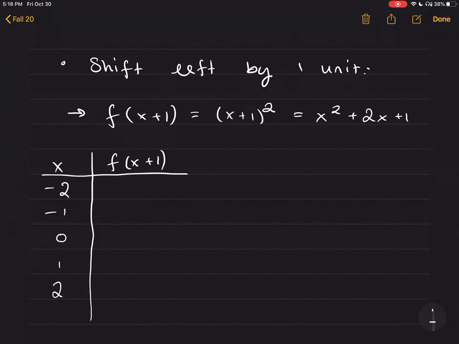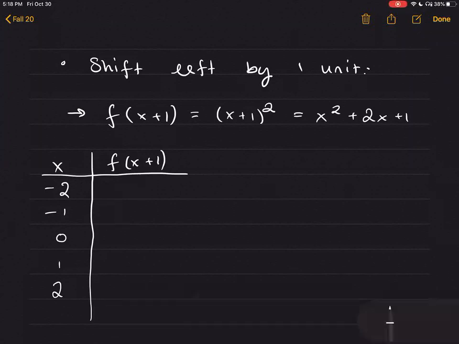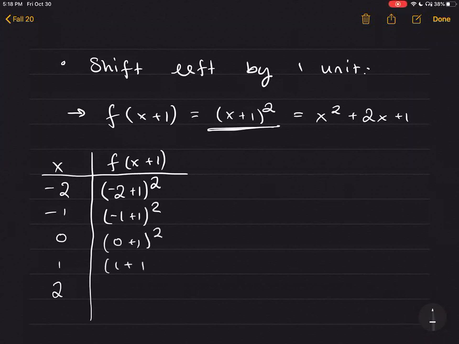Let's just plug it in to this thing right here. So we'll have -2 plus 1 squared, -1 plus 1 squared, 0 plus 1 squared, 1 plus 1 squared, and then 2 plus 1 squared. And if you do the math out for these, I believe you'll get something like 1, 0, 1, 4, 9.